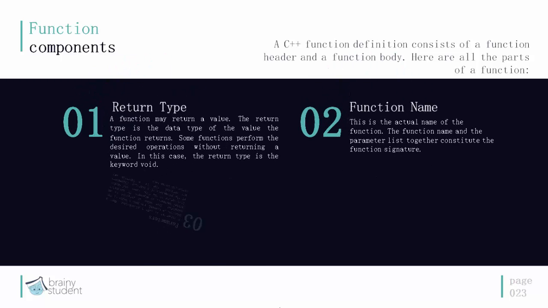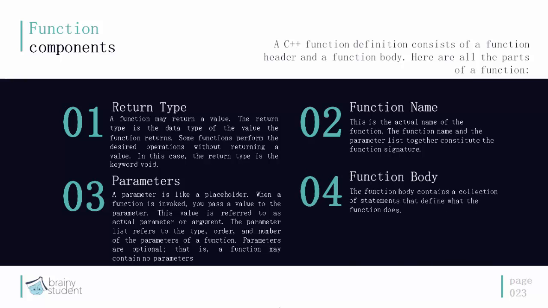Function components. A C++ function definition consists of a function header and a function body. Here are all the parts of the function. First of all, return type. A function may return a value. A return value is the data type of the value the function returns. Some functions perform the desired operation without returning any value.